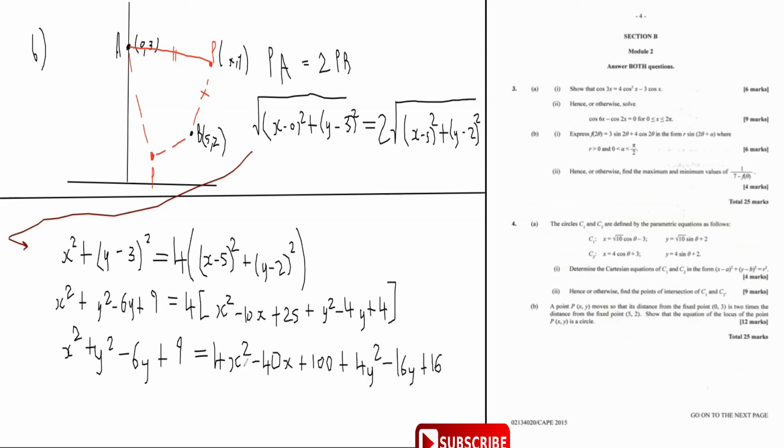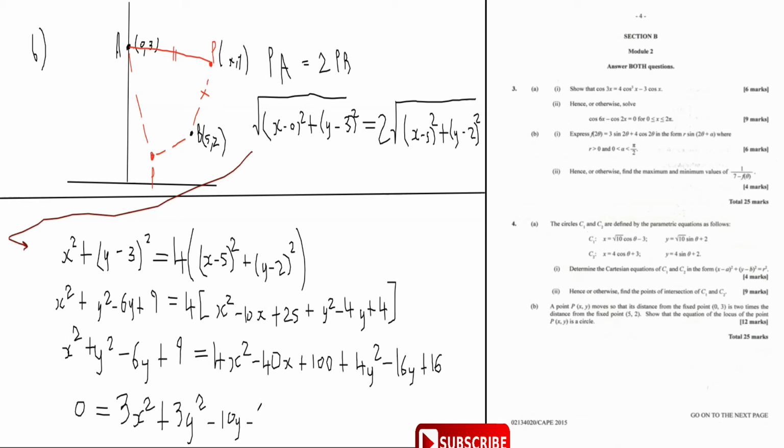Now, what do we do next now? We can bring everything to one side. So I'm going to make the left-hand side be 0. So 0 is equal to, subtracting x squared from both sides, I get 3x squared. Subtracting the y squares, I'm going to get plus 3y squared. Subtracting 6y, I'm going to get minus 16y plus 6y, so over here becomes minus 10y.